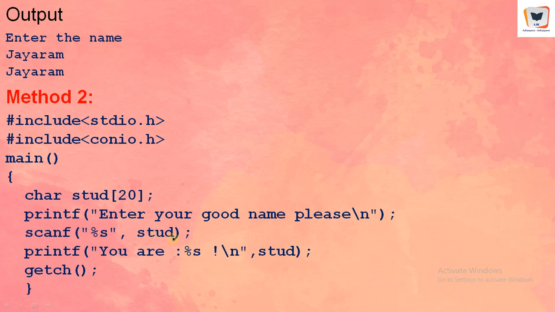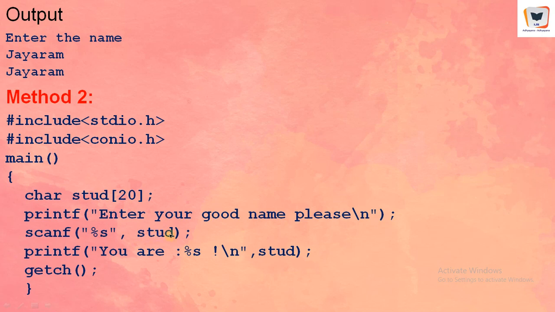The compiler really knows where the string will start and where it's going to end. Therefore, we never place the ampersand symbol, the address-of operator, over here, for this reason.